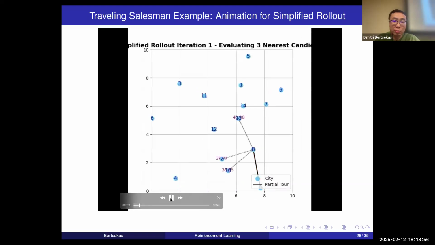So starting from the initial city, you look at the 3 nearest cities, and evaluate their Q factors by running the nearest neighbor heuristic starting from those top 3 cities, and choose the one with the smallest Q factor.